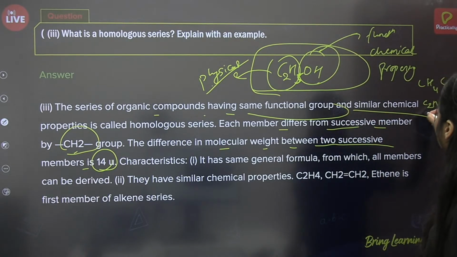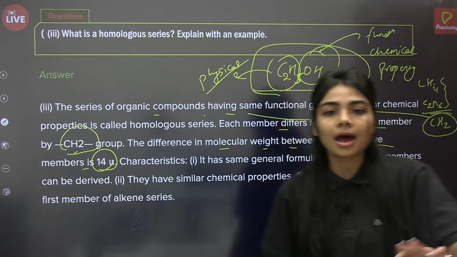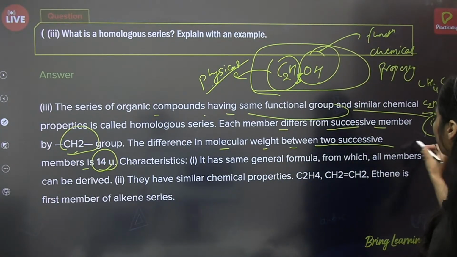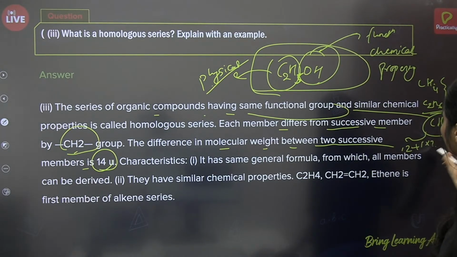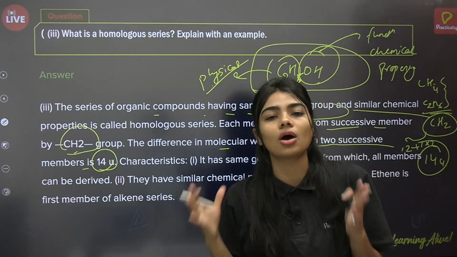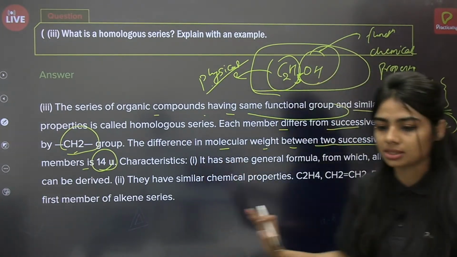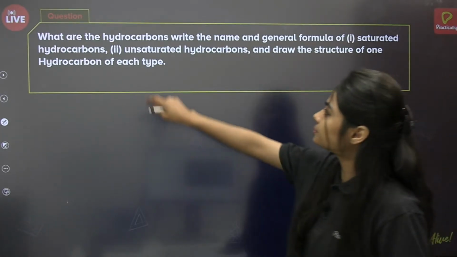To calculate the difference, H6 minus H4 gives H2, C2 minus C1 gives C, so CH2 is the difference. Now for the mass of CH2, carbon is 12, hydrogen is 1 into 2, that gives you 14. So 14u is the mass difference between two successive members of a homologous series. Remember this. This is how you need to write your answer.